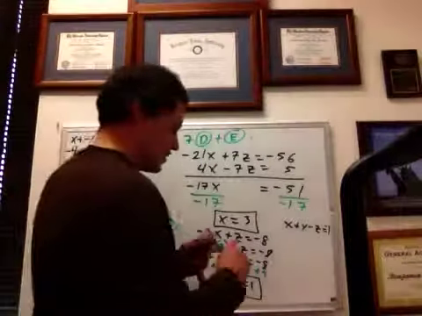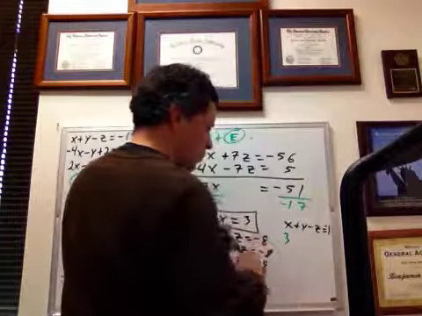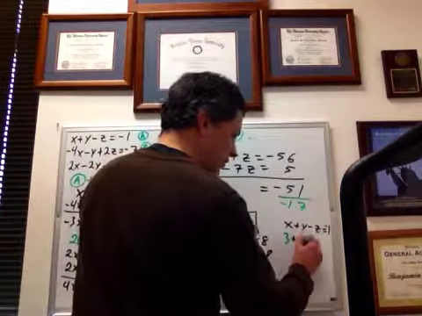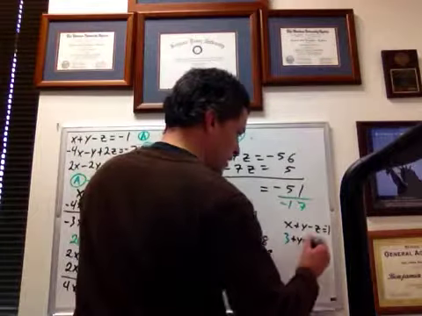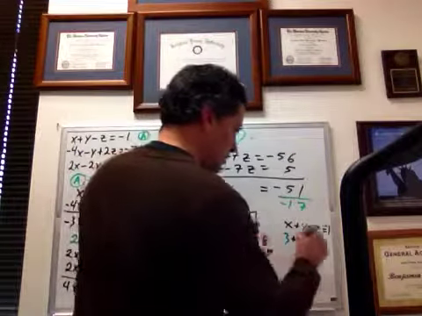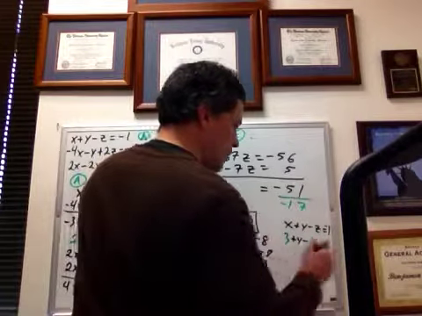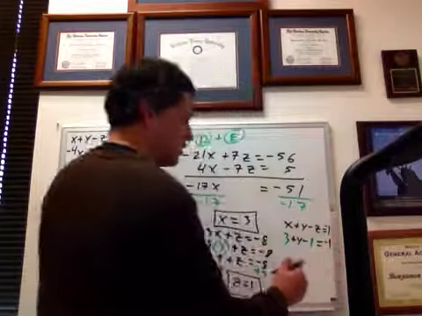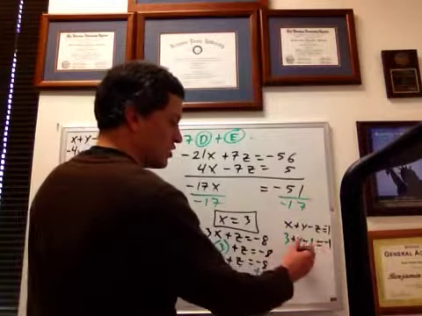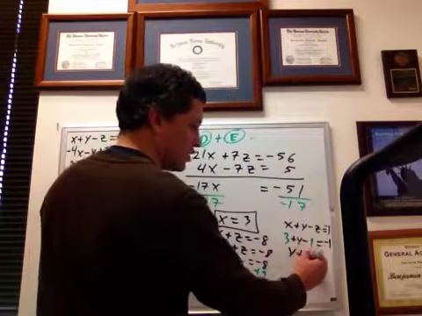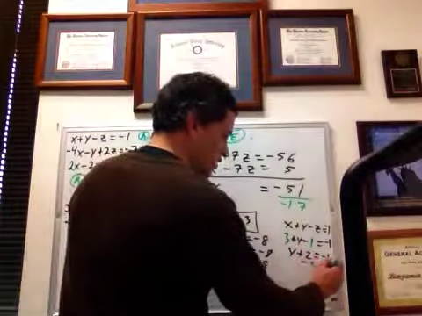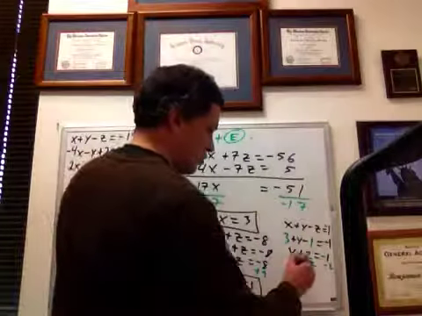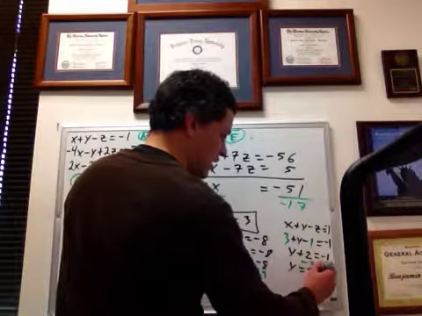We know what x is, it's 3, plus the y, that's what we're after, minus the z, which is 1, and it equals negative 1. So 3 minus 1, that's 2. So we're looking at y plus 2 equals negative 1. We'll subtract a 2 from both sides. So we've got y equaling a negative 3.